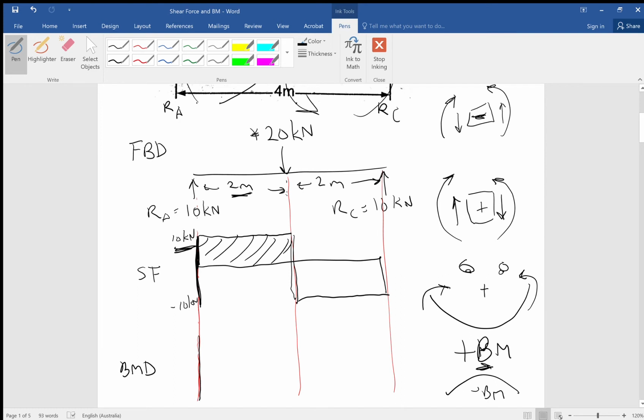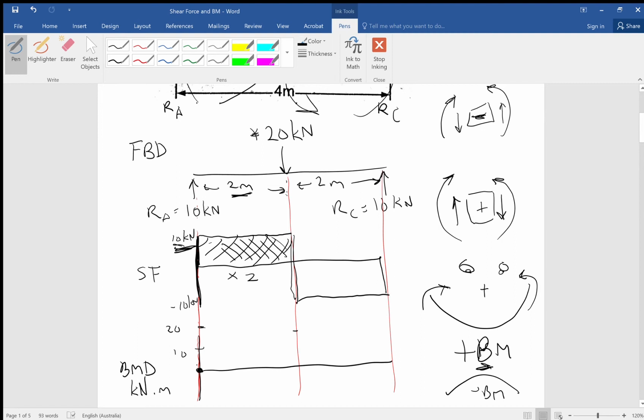So what we do is we know that for a simply supported beam, our value always starts at 0, but then we're going to look at this area here. We're going to say 10 times the 2 meters, and we end up with 20. So that's 10 and that's 20, and our bending moment is in kilonewton meters.